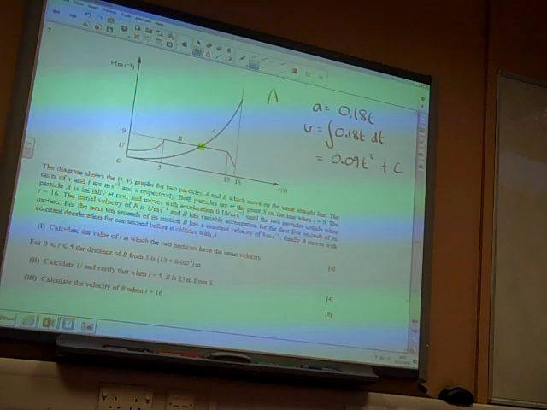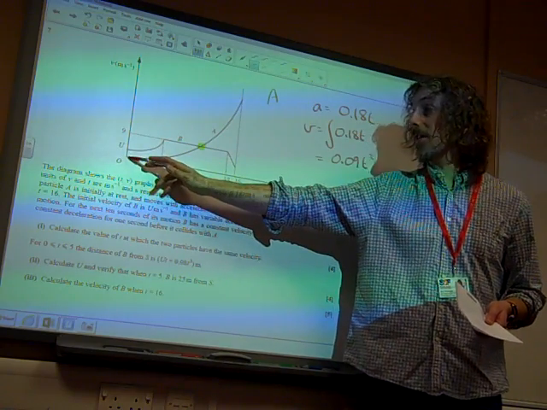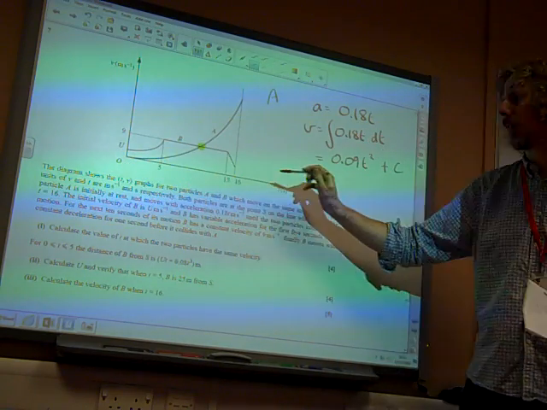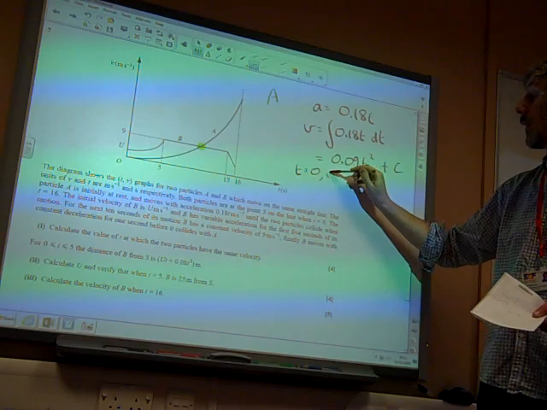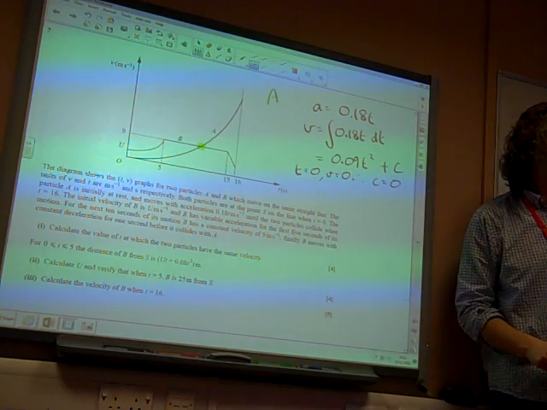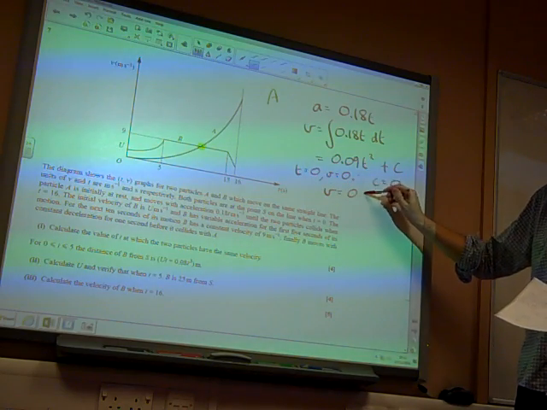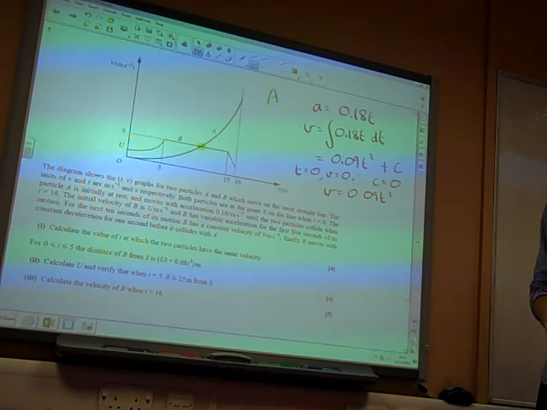We need to work out c, but this is quite straightforward, because when the time is 0, the velocity is 0. So t is 0, v is 0, therefore c must also be 0, and we're left with the velocity as 0.09 t squared. That's the velocity of A.